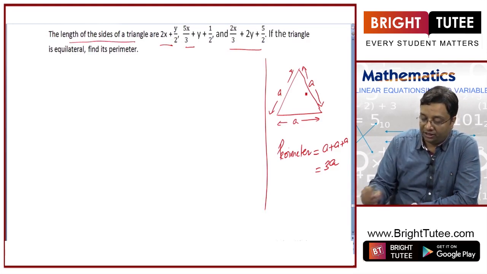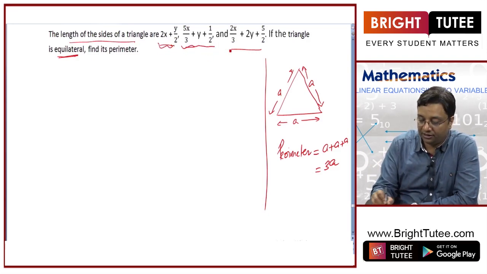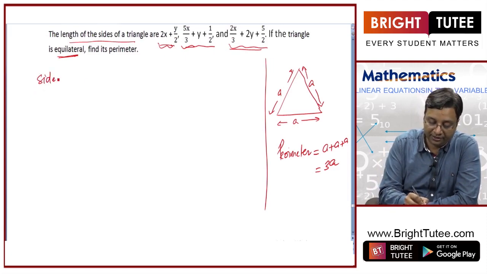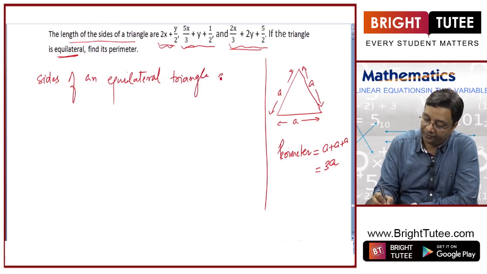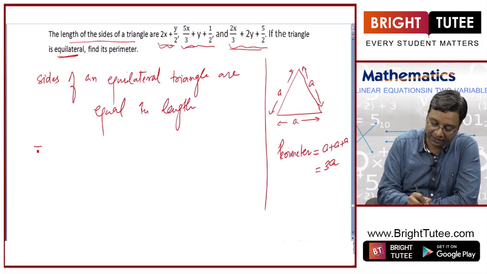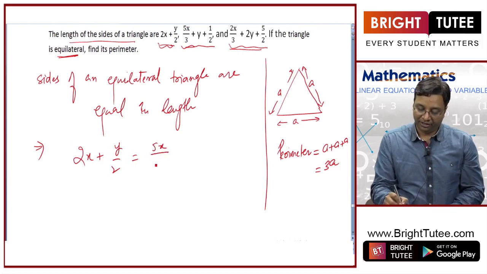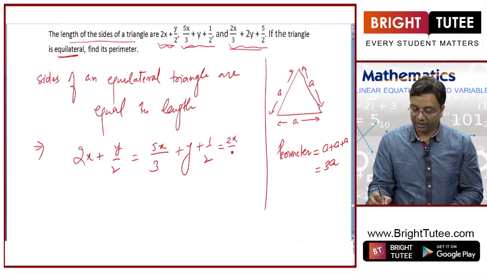Now, we already know this is an equilateral triangle. So, the sides are equal in length, hence this is equal to this is equal to this. So first, the sides of an equilateral triangle are equal in length, hence 2x plus y by 2 is equal to 5x by 3 plus y plus 1 by 2 is equal to 2x by 3 plus 2y plus 5 by 2.